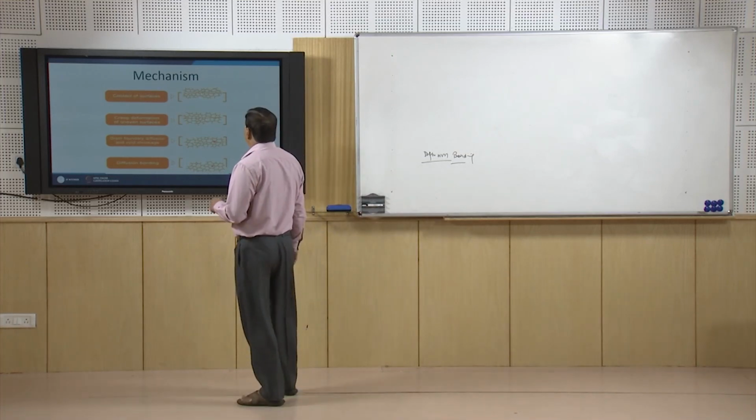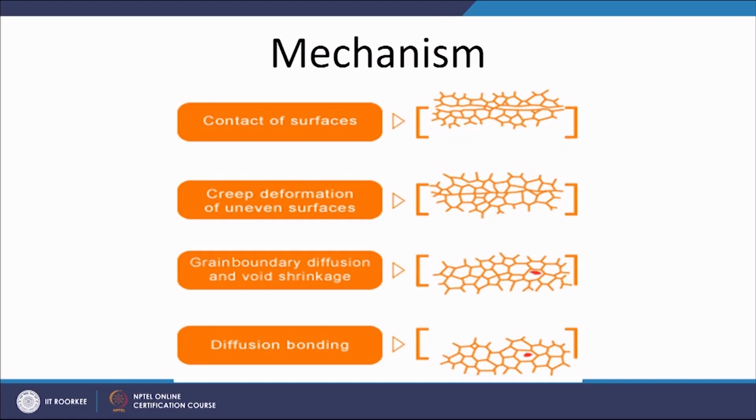Initially, contact is very localized here and there, but when the pressure is applied, the creep and the plastic deformation help to have the metallic continuity, direct metal to metal contact. Gradually, when the diffusion starts, wherever the metallic continuity exists, the grain boundaries are formed like this, but still some of the pores are left here and there.